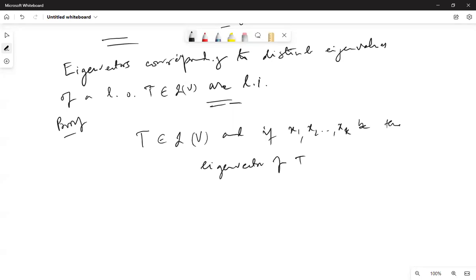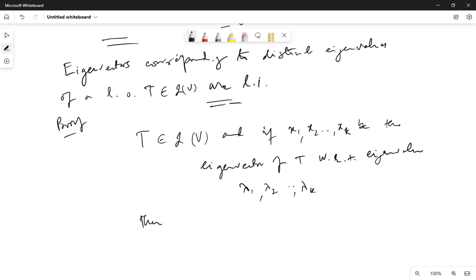I just take k eigenvectors of T with respect to eigenvalues lambda 1, lambda 2, lambda 3, ..., lambda k. Okay, they are distinct, right?